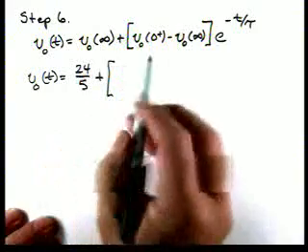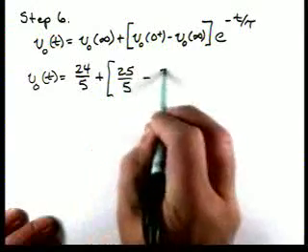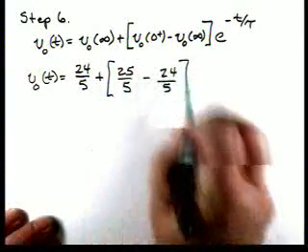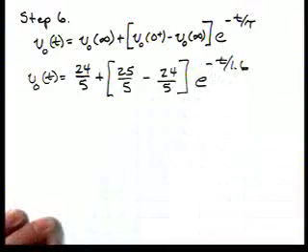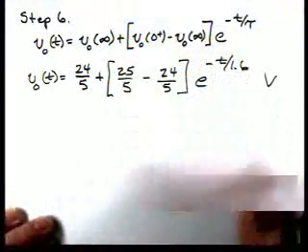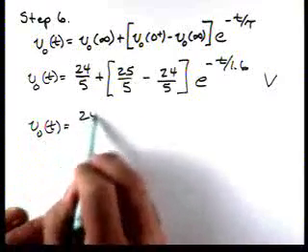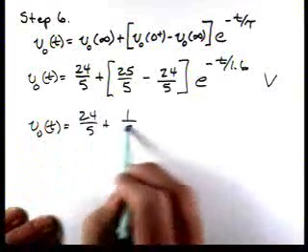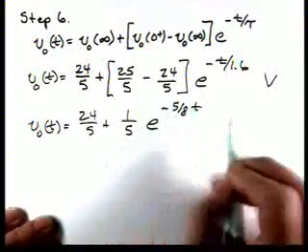V0 of 0 plus was 5, which is 25 over 5. And 8/5, remember, is 1.6. Okay, then so V0 of t is 24 over 5 plus 1 over 5 e to the minus 5/8 t volts.